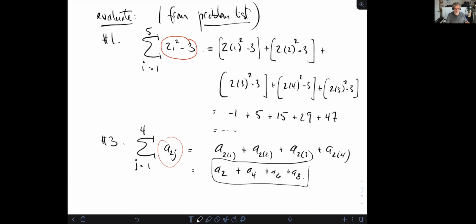For WeBWorK 14, problem 5, you'll have to show me, wait, let me see if I can, yeah, I think I have it close by. Hello. WeBWorK.